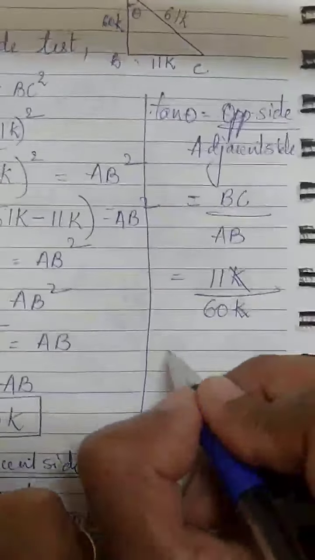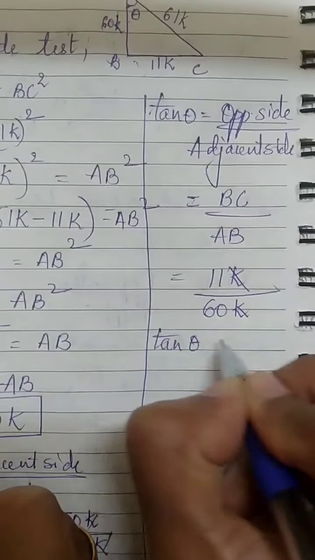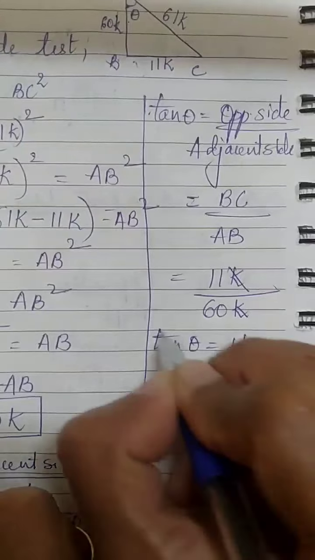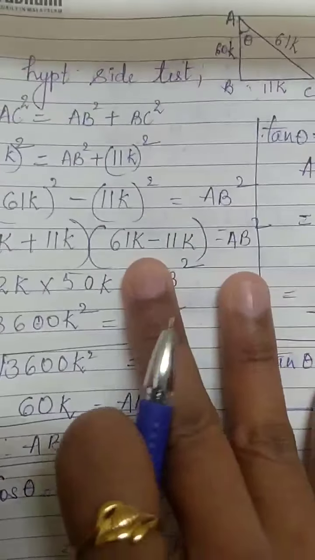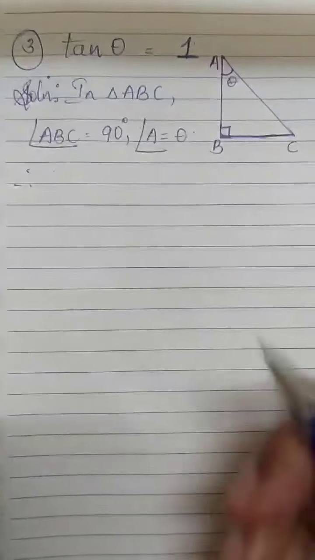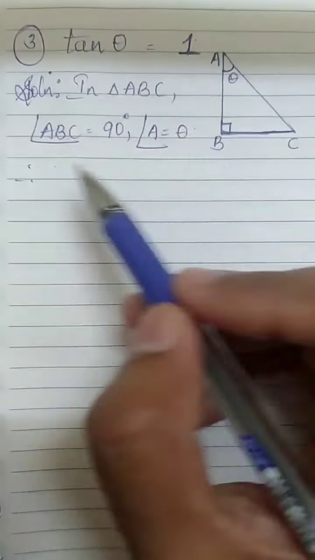K cancel. So tan theta is equal to 11 upon 60. Very easily, by using this method, you will get your answers. I will explain you 3 sums by this method.